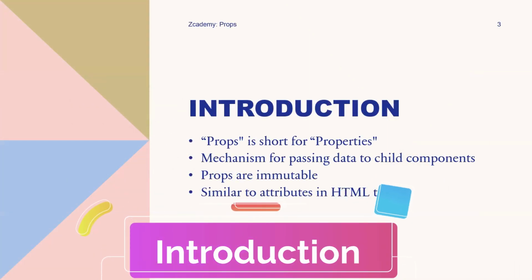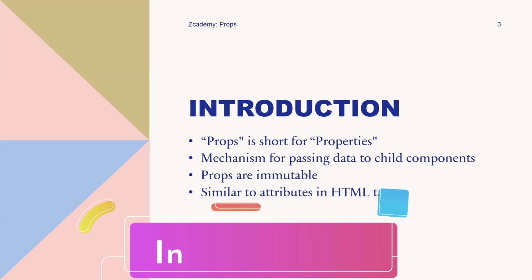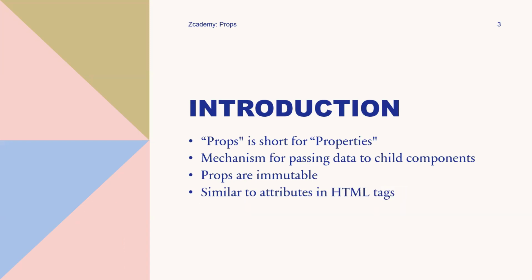Props is an abbreviation for properties, so I'll be using these two terms interchangeably throughout this video and in the rest of my videos as well. Props is also the main mechanism for passing data or even handlers to components, allowing for data sharing and user interactions on websites.